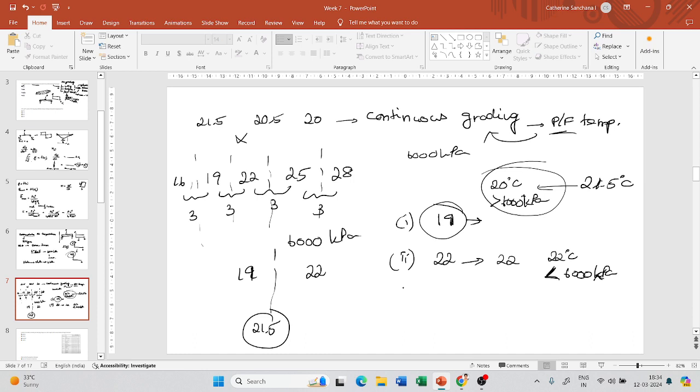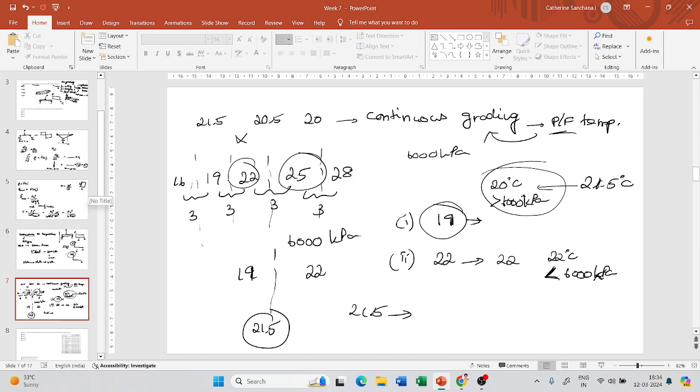So in the case of intermediate PG grading, you always have to pick the next highest temperature. If my pass fail temperature is 21.5, I have to pick the next highest PG temperature. What are the PG temperatures of this intermediate grade?